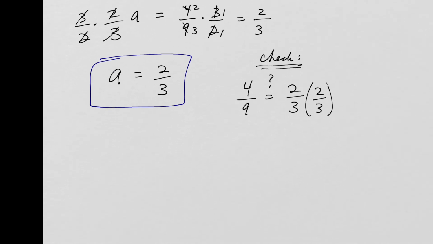Let's check it. So that's 4/9. So right-hand side, remember, we can't really simplify, so we multiply numerators, right? 2 times 2, that's 4, and then denominators. So 4, and then 3 times 3 is 9. Yep, that's equal, so that checks. So a equals 2/3 is our correct answer. Right, we checked it.